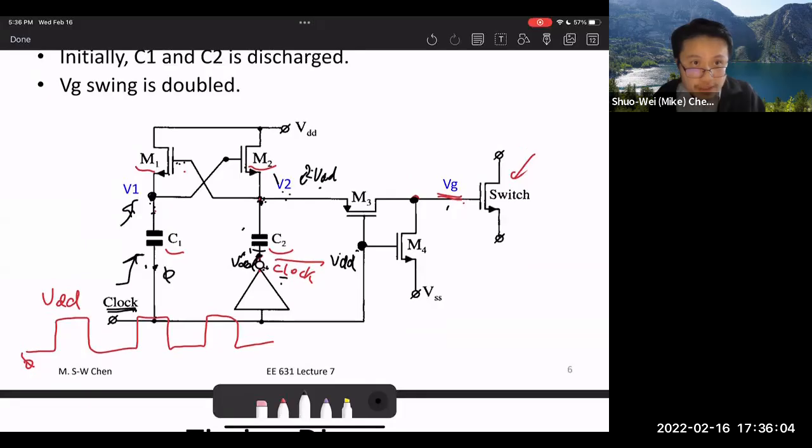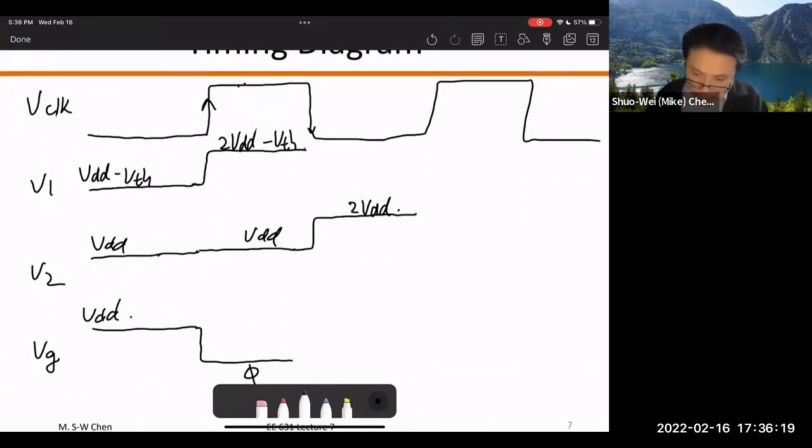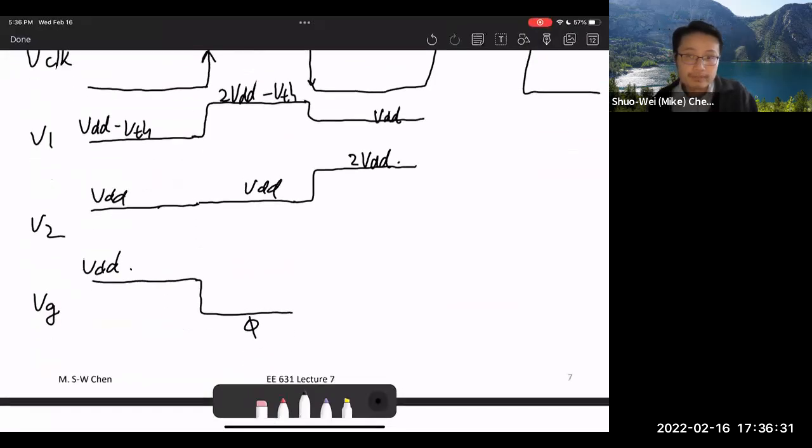Because this gate will become 2 VDD, and assuming VDD is much greater than VTH, now you can actually push V1 to go to VDD, instead of VDD minus VTH, because right now the gate is twice VDD, right? So this goes to VDD.